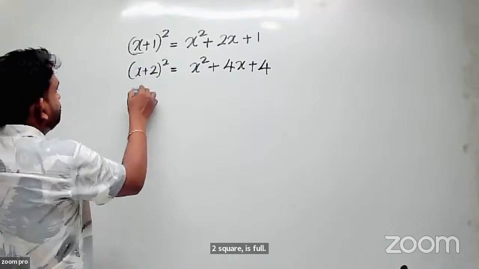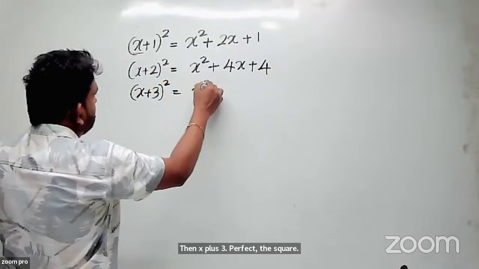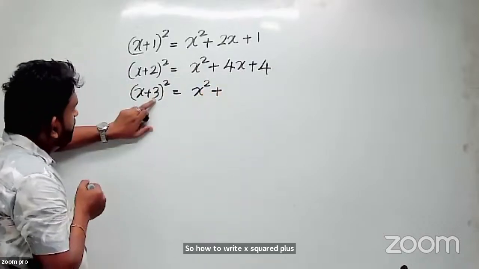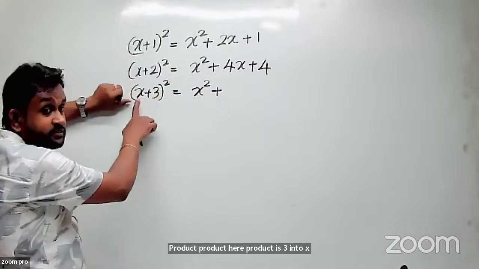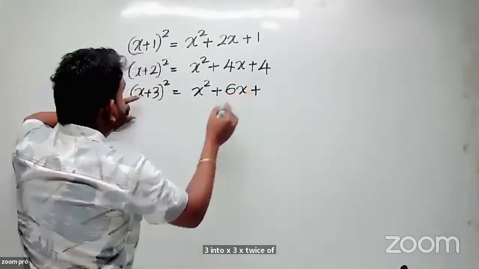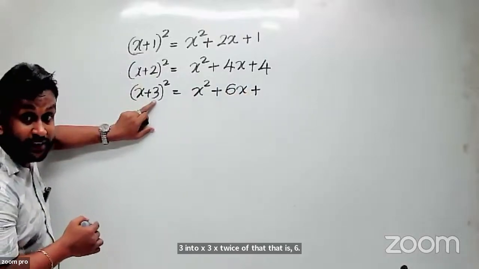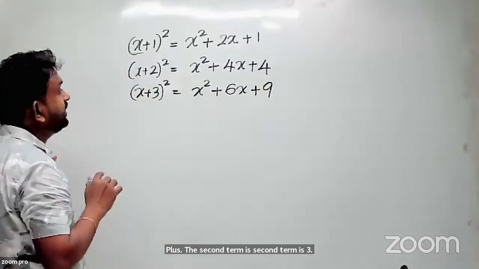Then (x plus 3) squared: x squared plus twice 3x, that is 6x, plus 3 squared, which is 9. Likewise, it keeps running.